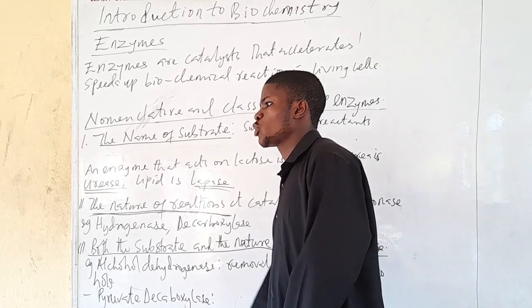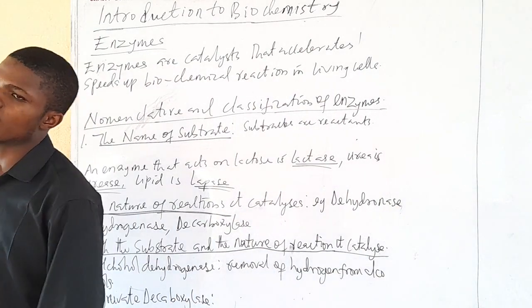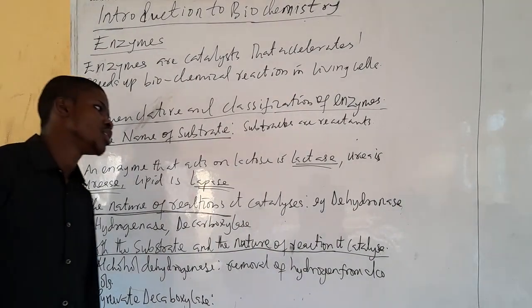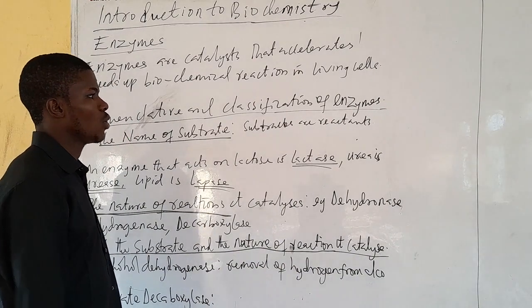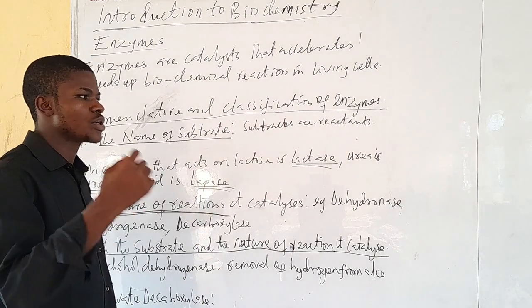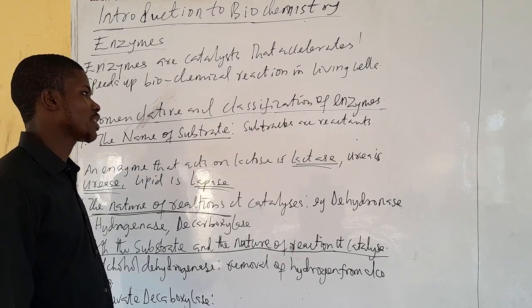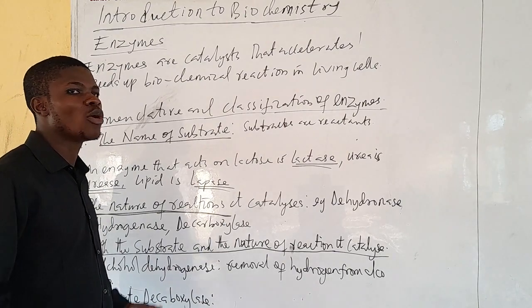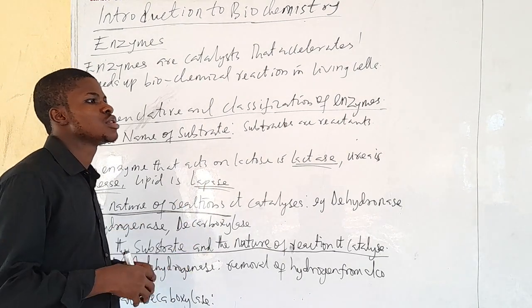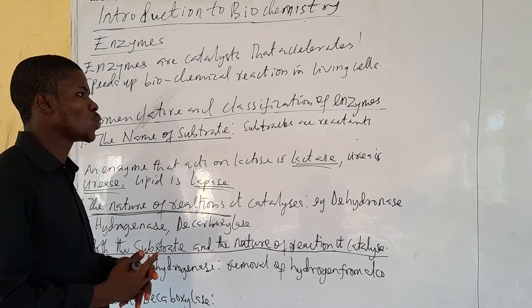Take for instance, in the production of alcohol, amylase acts on carbohydrates to give out alcohol. The carbohydrate will act as the substrate. Substrates, take note, are reactants that combine with these enzymes to give rise to what?